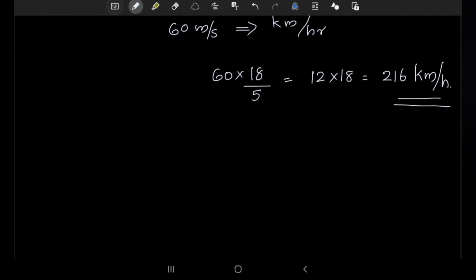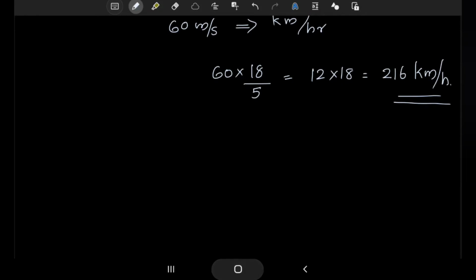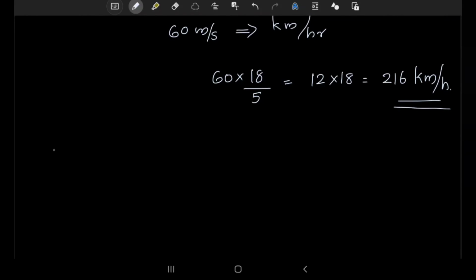Next is one more big problem. Another example is: a car travels 300 kilometers in 5 hours.